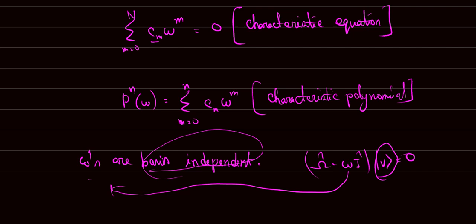And as we retain this polynomial, where m is from 0 to n, we know that we will find n roots of omega, n roots.